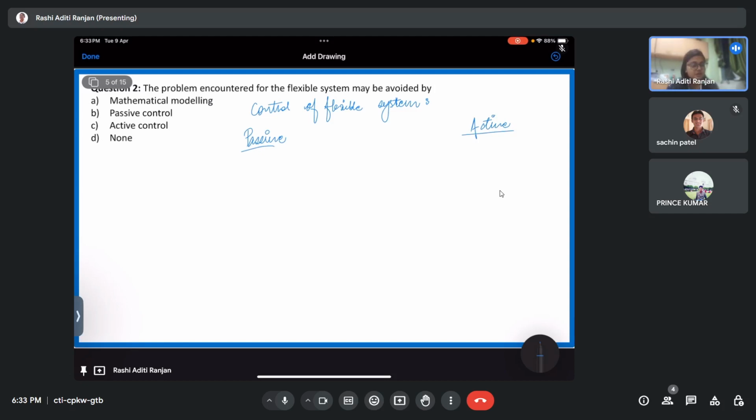So my passive control of flexible system includes viscoelasticity. Now you'll ask, what is viscoelasticity? We were talking about dampers and everything. So see, viscoelasticity, what does it mean?